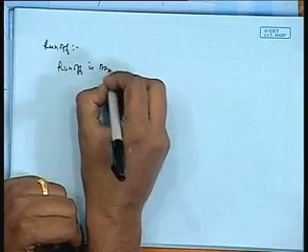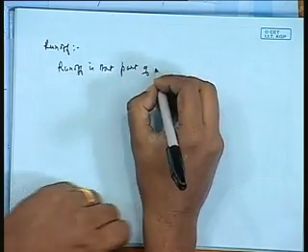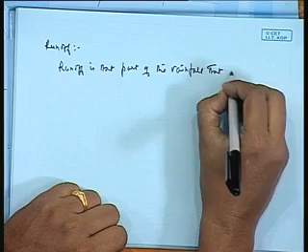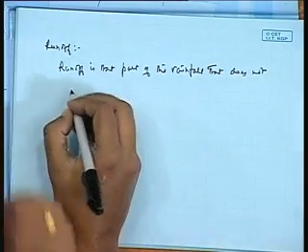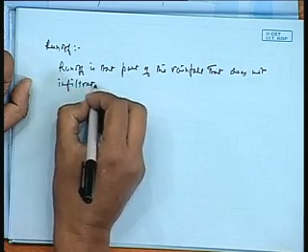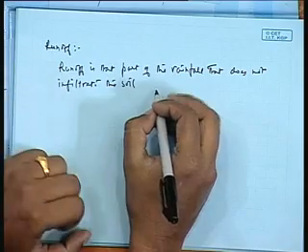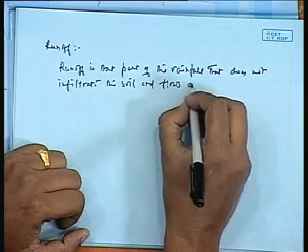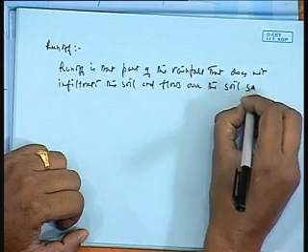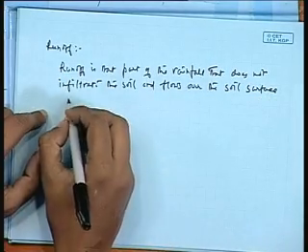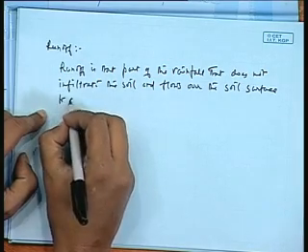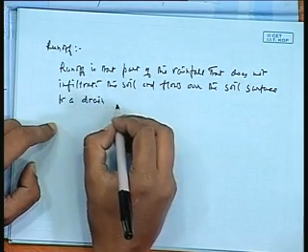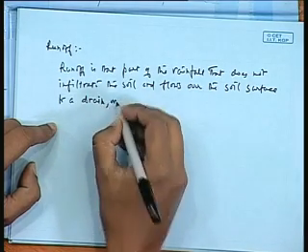Runoff is that part of the rainfall that does not infiltrate the soil and flows over the soil surface to a drain or a sediment pond.